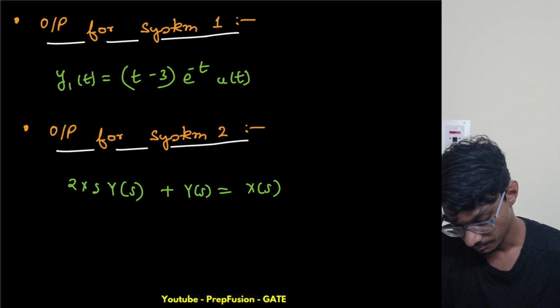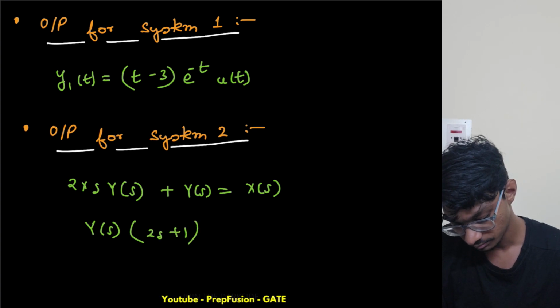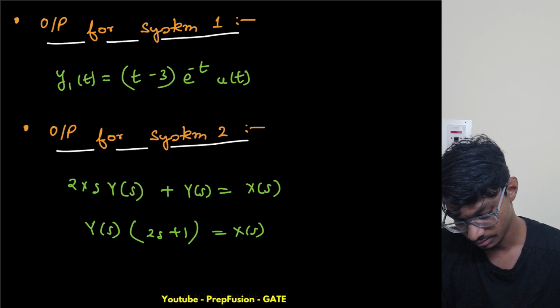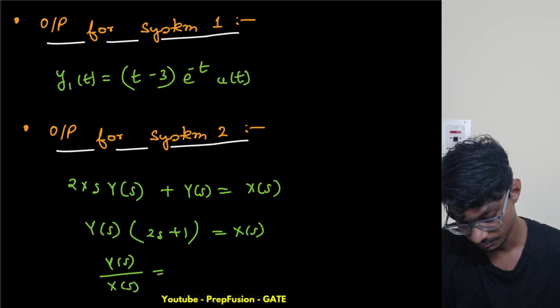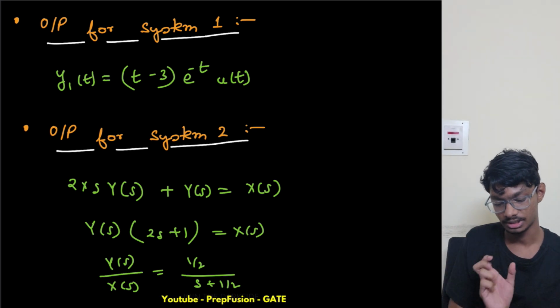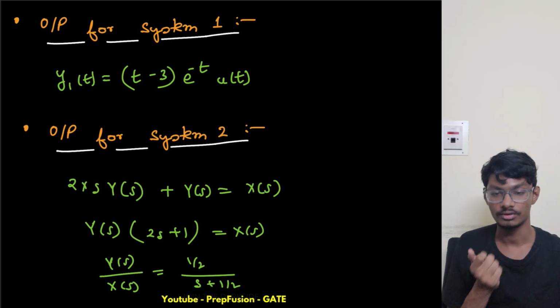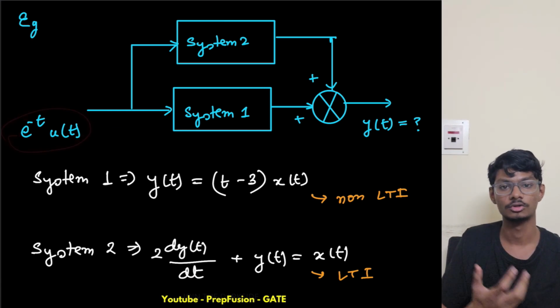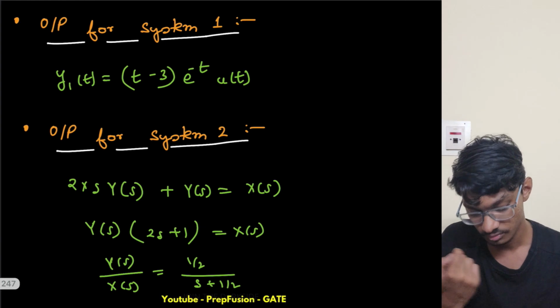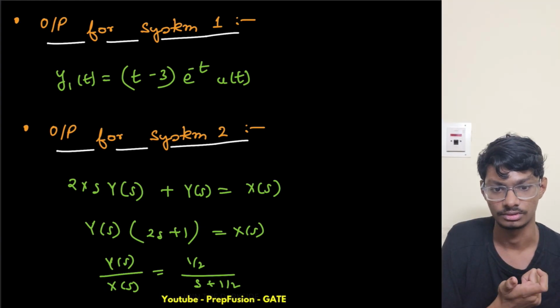Okay, so Y(s), taking it common, (2s plus 1) equals X(s). So Y(s) upon X(s) equals, taking half as common, 1/2 upon (s plus 1/2), right? So this is the Laplace transform that I am getting. Now what is X(s) in our case? x(t) is e raised to power minus t into u(t), right? So X(s) will be 1 by s plus 1, right? 1 by s plus 1.